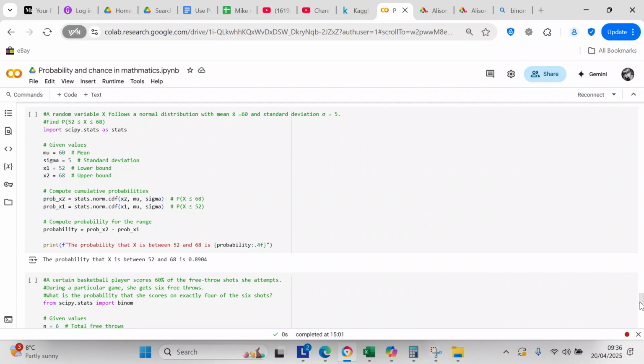Prob x2 equals stats.norm.cdf(x2, mu, sigma). Prob x1 equals stats.norm.cdf(x1, mu, sigma). And then we compute the probability for the range: probability equals prob x2 minus prob x1. And you have an answer of 0.8904.